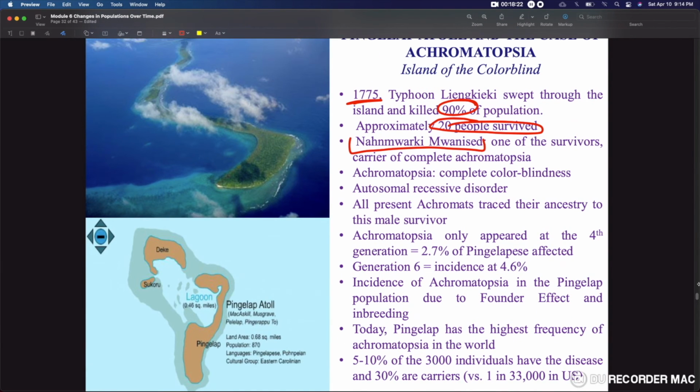Because back then, this man survived the typhoon, and he was the man that founded or repopulated the island. So yeah, it's 1 in 33,000 normally. But for them, it's really high, no? The incidence of achromatopsia.